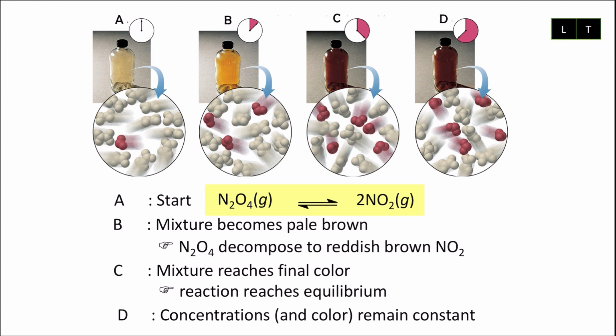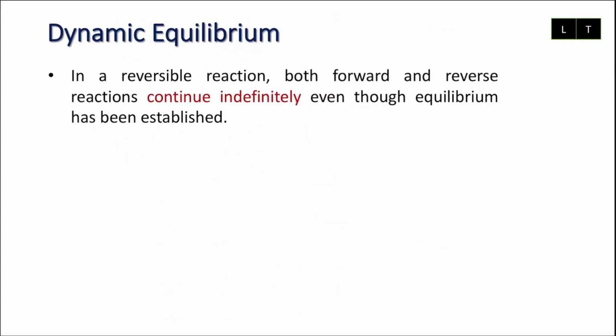So daripada term kita faham tentang concentration remain constant even though the reaction still ongoing, kita akan fokus kepada dynamic equilibrium, di mana in a reversible reaction, both forward and reverse reaction akan continue indefinitely even though equilibrium sudah capai.